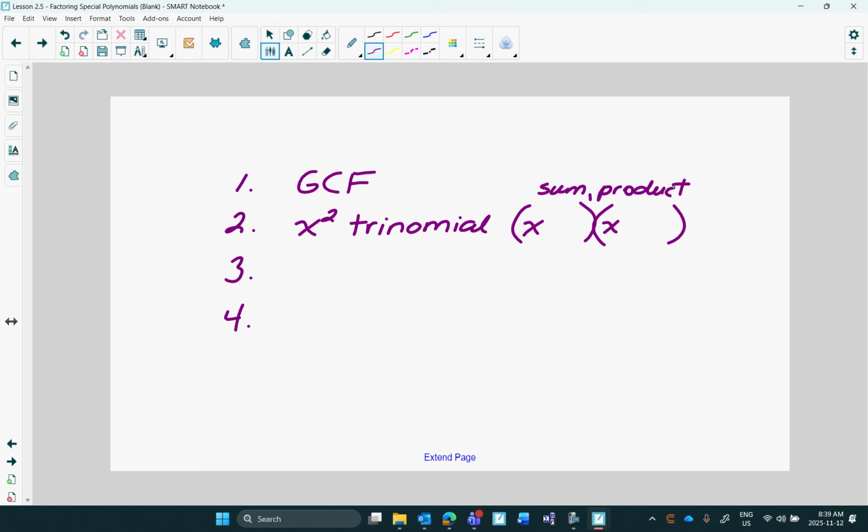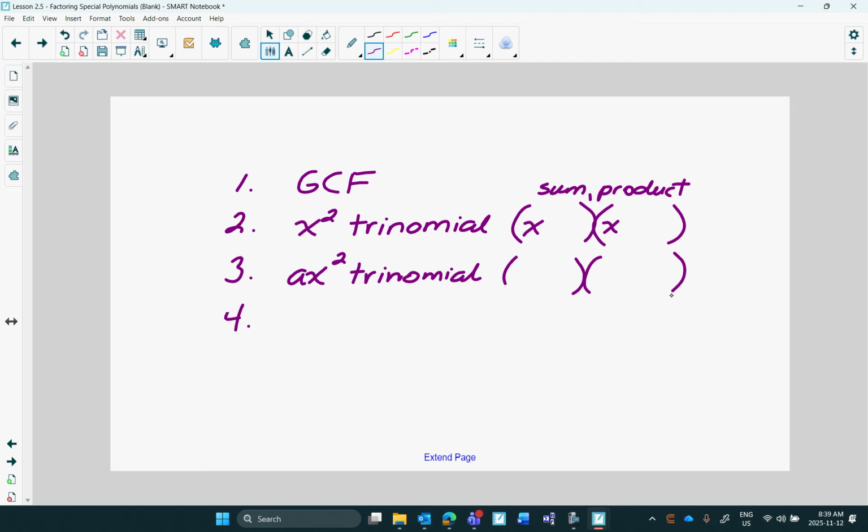How about the third type? AX squared trinomial. That means there's a number in front of the x squared. In number 2, there's no number in front. So it's still going to look like this, but it's not going to be x and x.